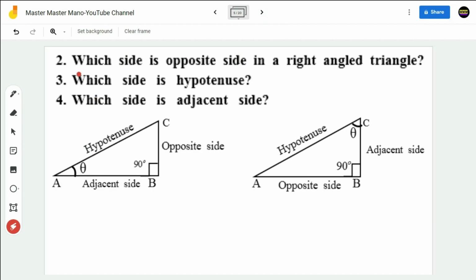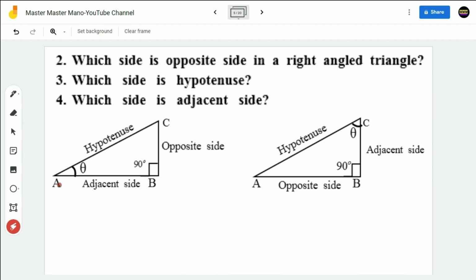Now we are going to see the second question, third question and fourth question altogether. Second question is which side is opposite side in a right angled triangle. Third question is which side is hypotenuse, and the fourth one is which side is the adjacent side. As we have seen that a right angle triangle has 90 degree as one of the angles.